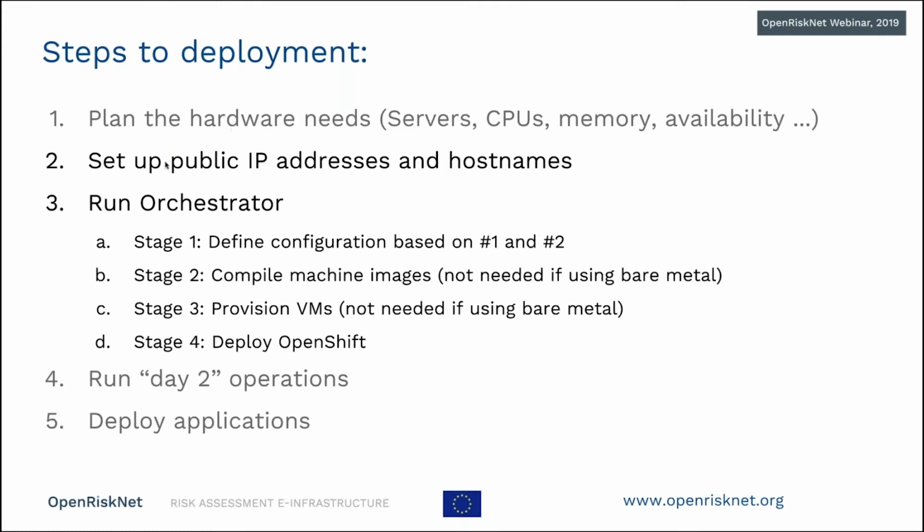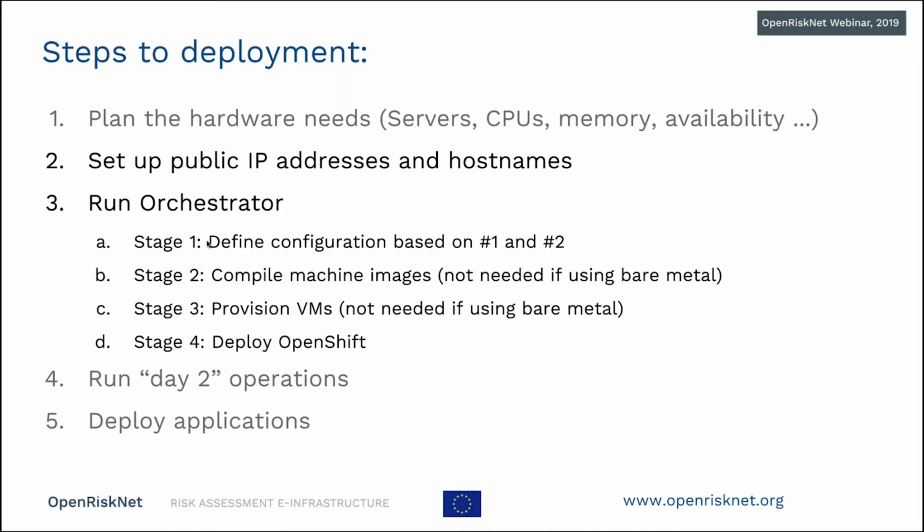The next thing you need to do is set up some aspects of the networking. Typically you need a couple of public IP addresses and a couple of DNS host names that point to those IP addresses. You need to know those in advance before you deploy your cluster. And then step 3 is the main part of what we're going to see today. It's to run the orchestrator, and that really comes in 4 different stages.